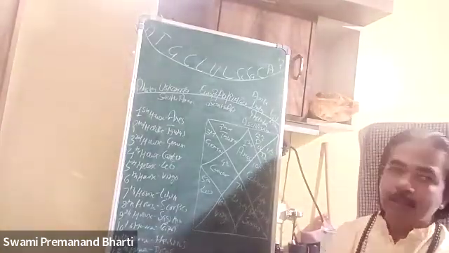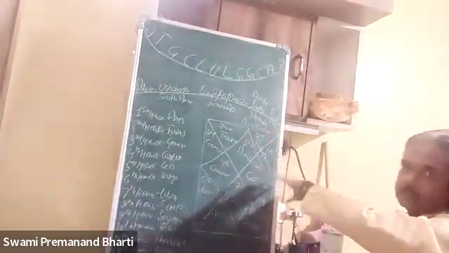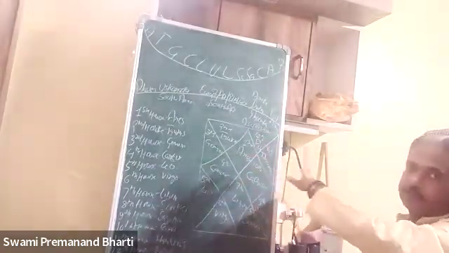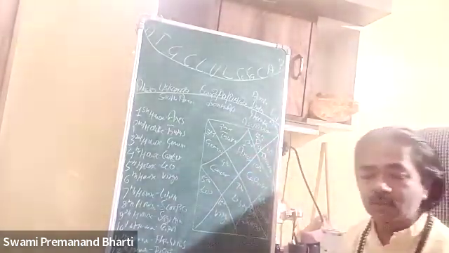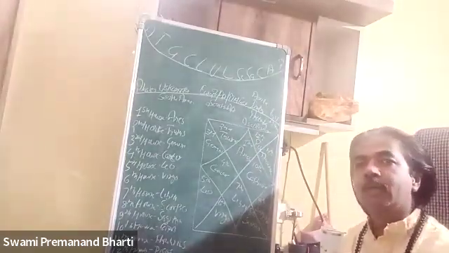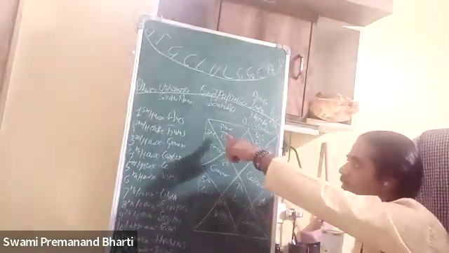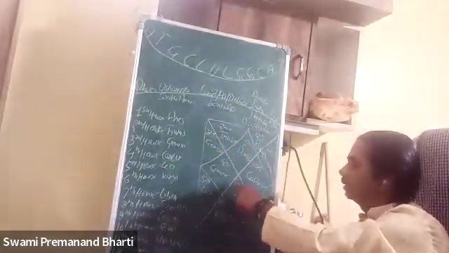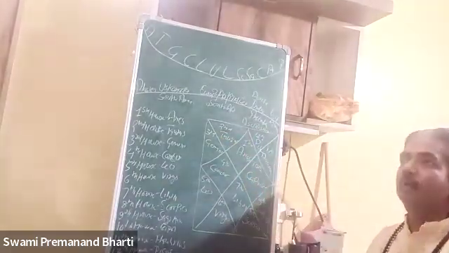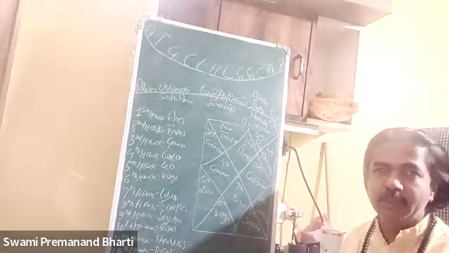Let's begin. So this is how a normal astrological chart looks like. This is called a diamond shaped chart. Why diamond shaped? Because if you see all the boxes, they are the shape of a diamond. This is more common in North India.